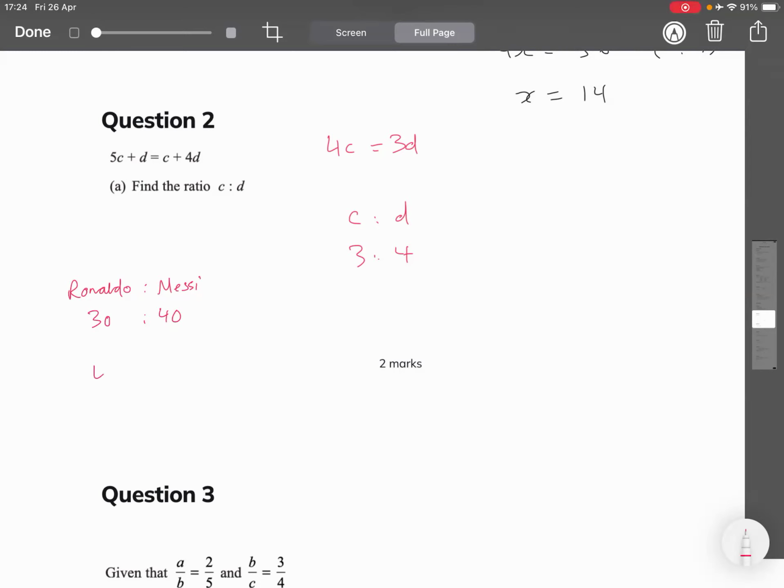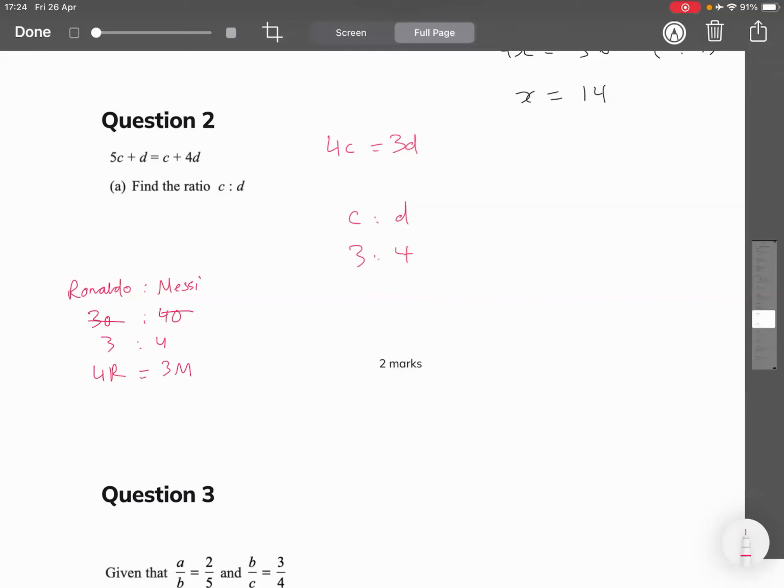Then 4 times Ronaldo's goals would equal 3 times Messi's goals. See, nice and easy, right? So Ronaldo scored 30, Messi scored 40. The ratio is 3 to 4, isn't it? If I simplify that, 3 to 4. But that means 4 times Ronaldo's goals would make 12. Only 3 times Messi's goals would make 12. So ratios and equations get crossed over.